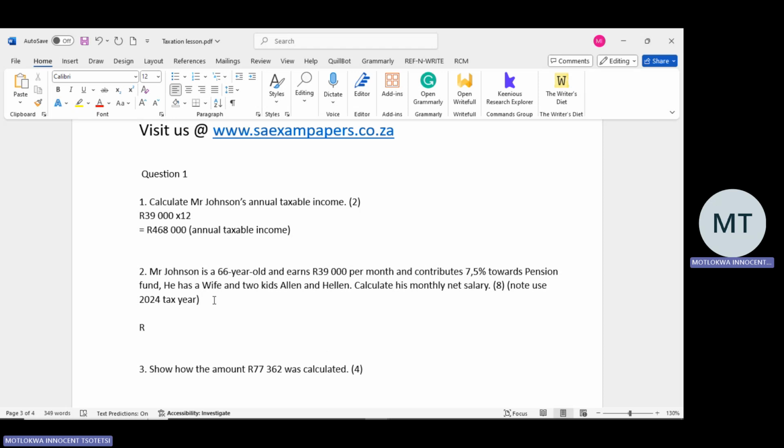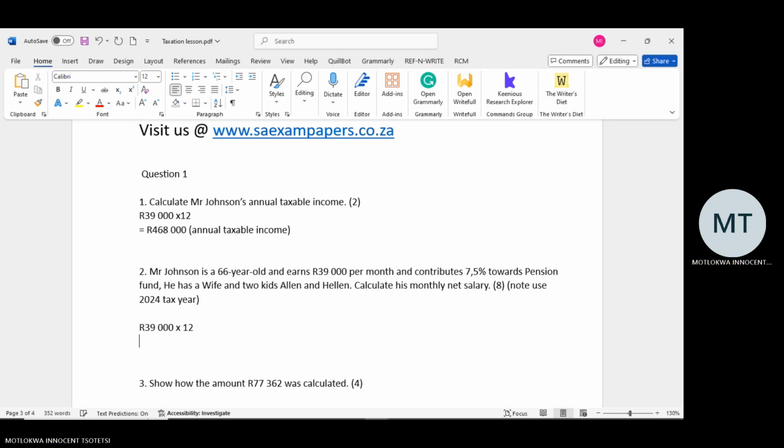Okay, so we are going to say 39,000. We have already done that. Okay, multiplied by 12, which gave us 468,000. So this is Mr. Johnson's annual taxable income.